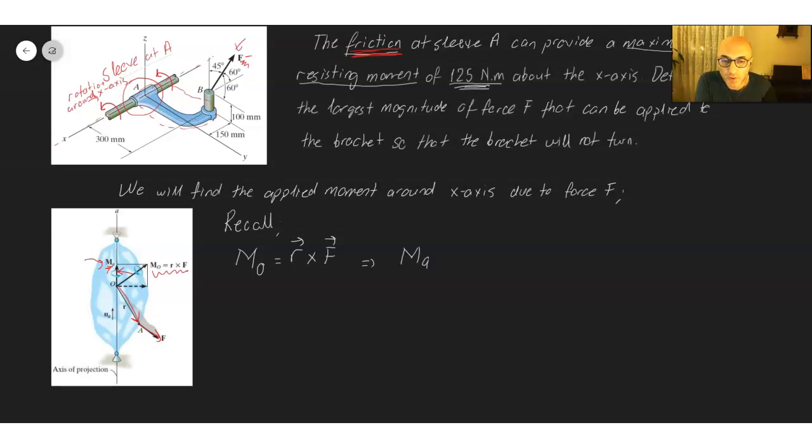The dot product of a unit vector written along the A axis with r cross F will give me a scalar value for the moment about A.